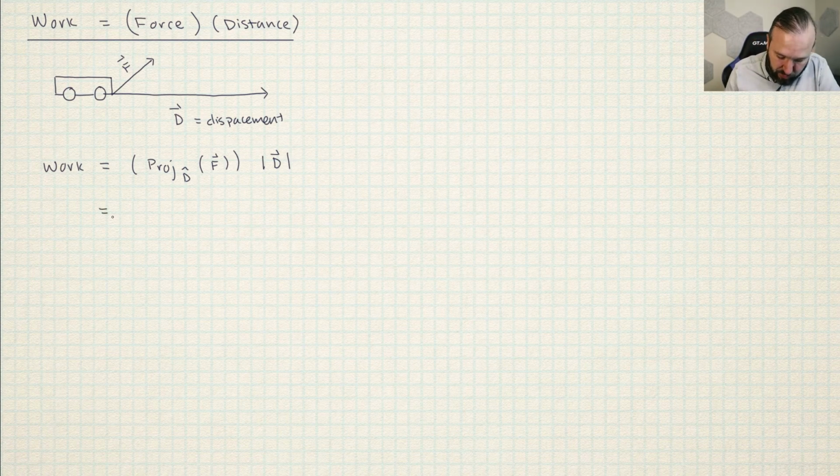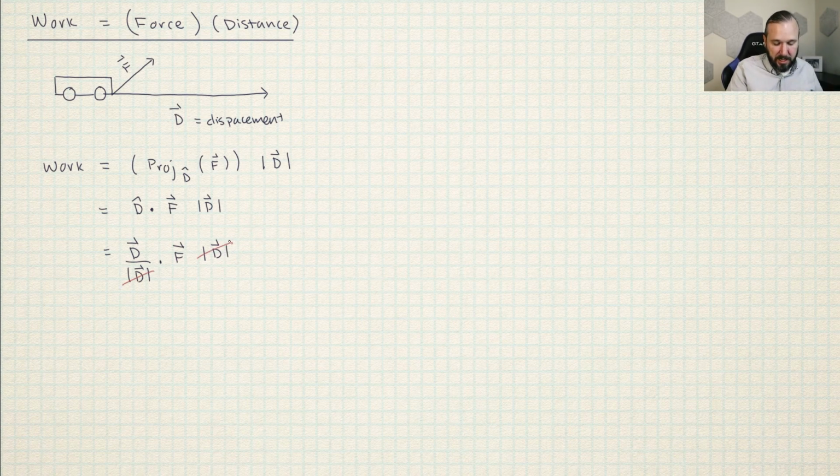Okay, so to calculate the projection of f onto d, what I need to do is d hat dot product with f multiplied by the magnitude of d. Now remember, d hat is just d over the magnitude of d, dot product with f, and then I have another magnitude of d out here at the end.